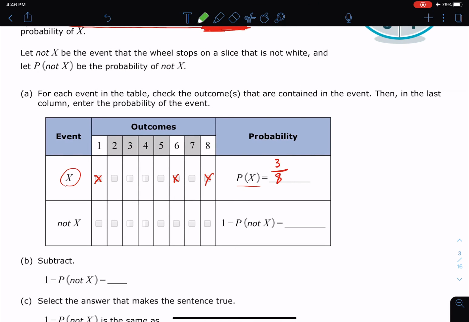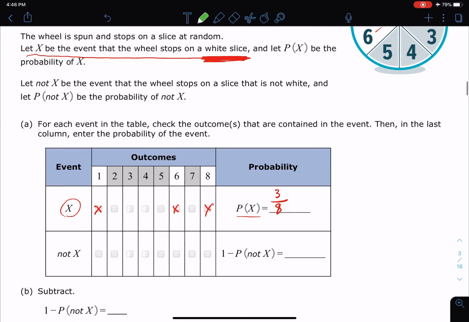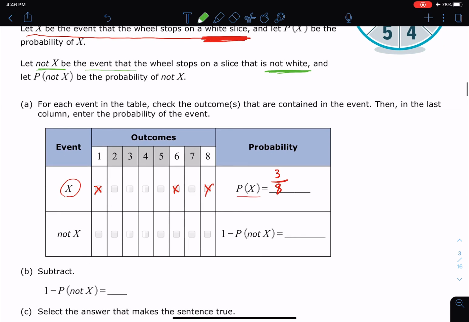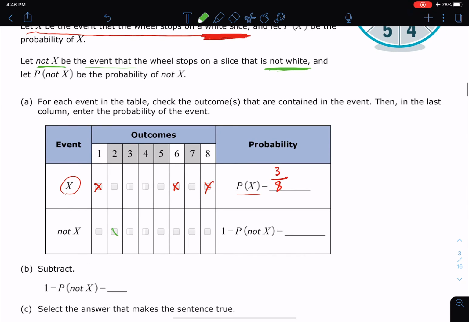It says, oh, here it is. So it says, let not x be the event that the wheel stops on a slice that is not white. So something that is not white is going to be this gray color.